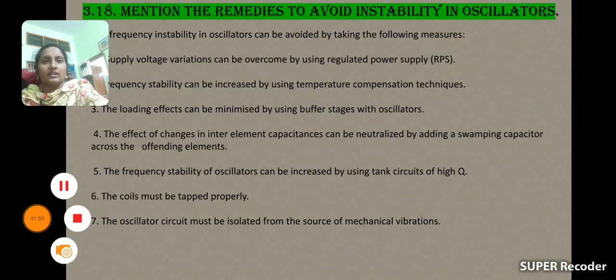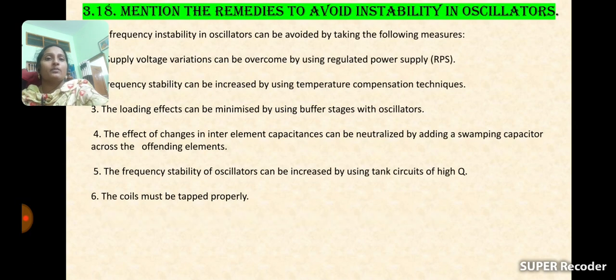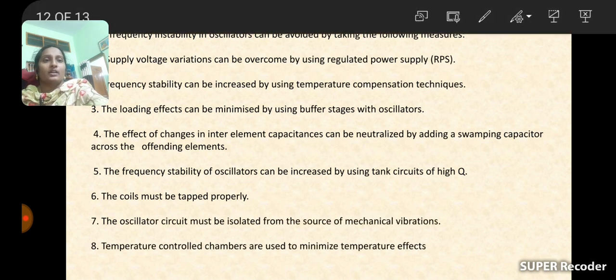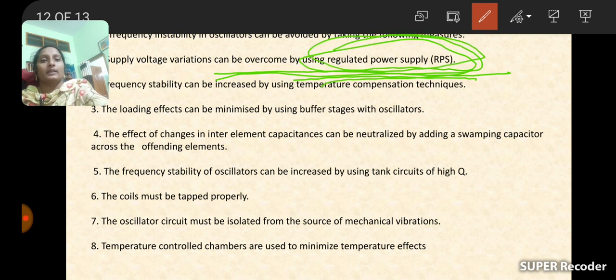And see here, the frequency instability in an oscillator can be avoided by taking supply voltage regulations, which can be overcome by using RPS. I said one reason is variations in power supply. So variations in power supply can be overcome by using a regulated power supply.